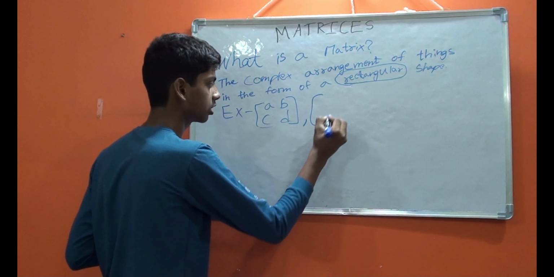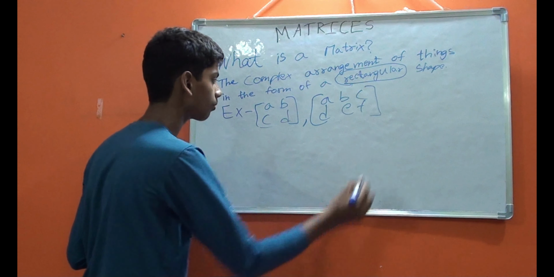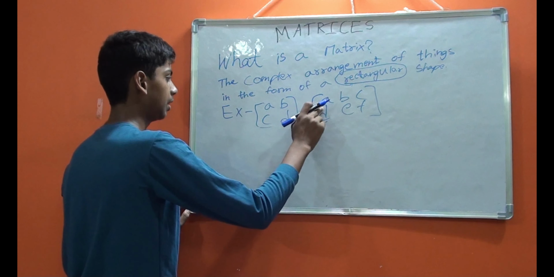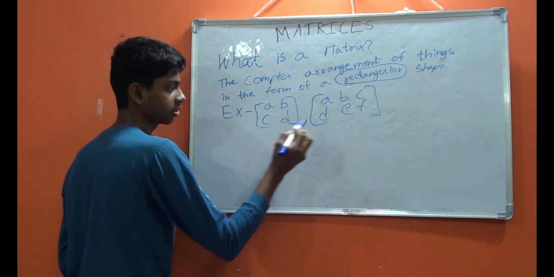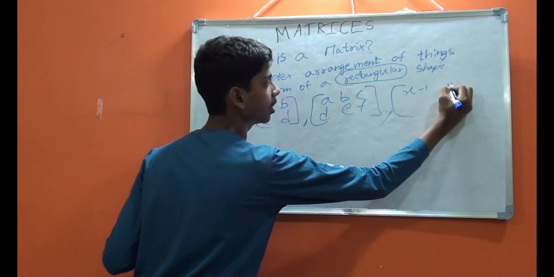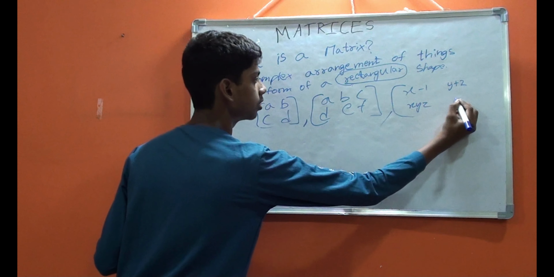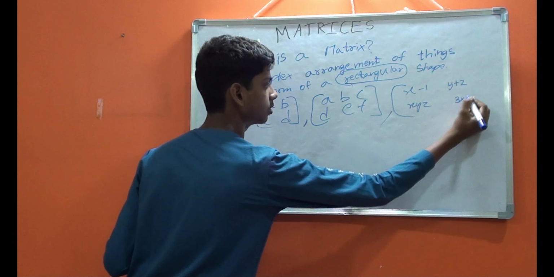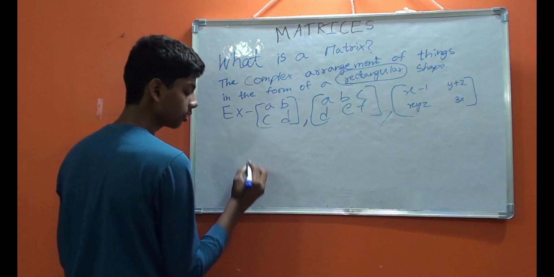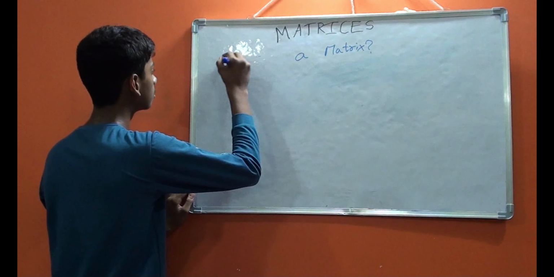Now let's take one more example like A, B, C, D, E, F. This is also a matrix. Instead of alphabets, we can also take simple equations like x minus 1, y plus 2, x y z, 3 x. Like that we can take equations, numbers, variables, etc.